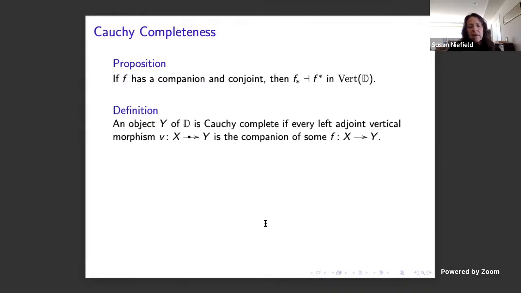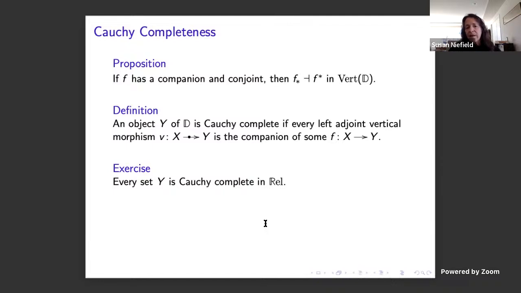Okay, and given that, one can define an object Y of a double category D to be Cauchy complete if every left adjoint vertical morphism V from X to Y is the companion of some horizontal morphism F from X to Y. So a little exercise, if someone's not seen this before, to get started on it, is to show that every set is Cauchy complete in Rel.